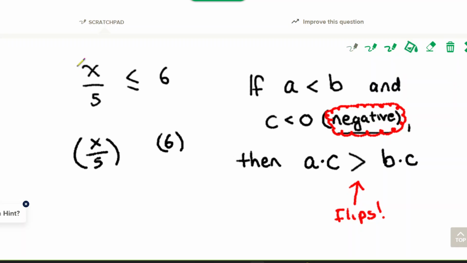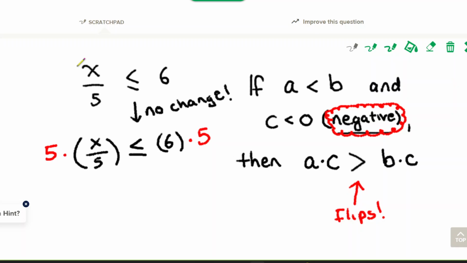To get x by itself, it's being divided by 5 right now. The inverse of that, to undo that, I'm going to multiply both sides by 5. Now, when you multiply both sides by a positive number, the inequality symbol does not change. There is no change here. I'll say no change.